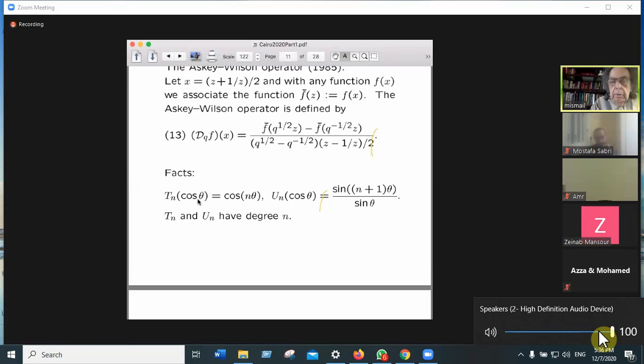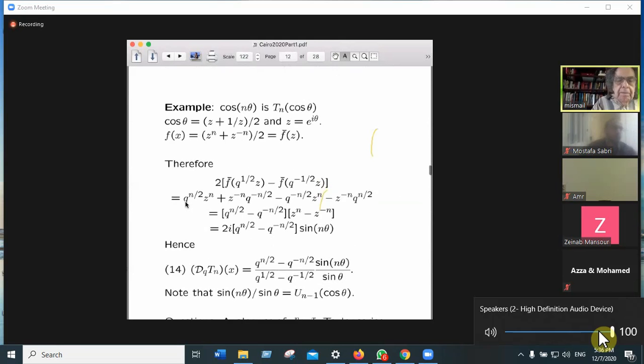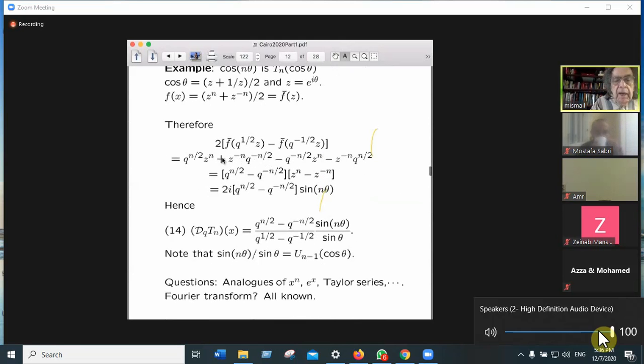That's right. That's why I don't understand. It's not a real variable, no. Okay, all right. So after I do this calculation, this miraculously factors into this.